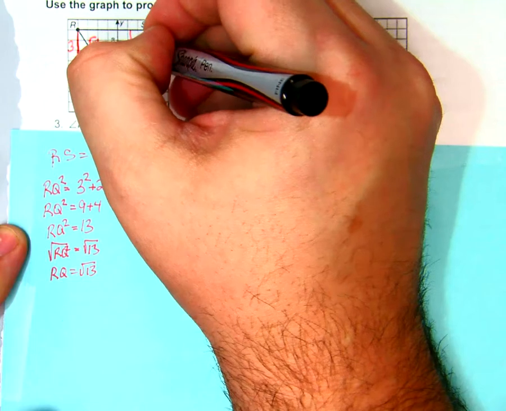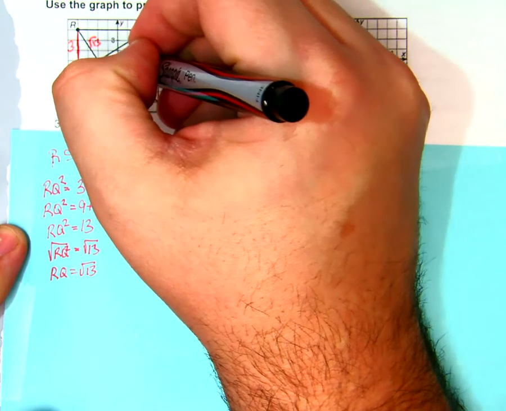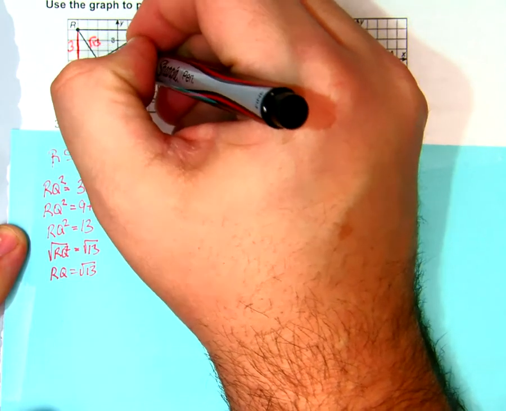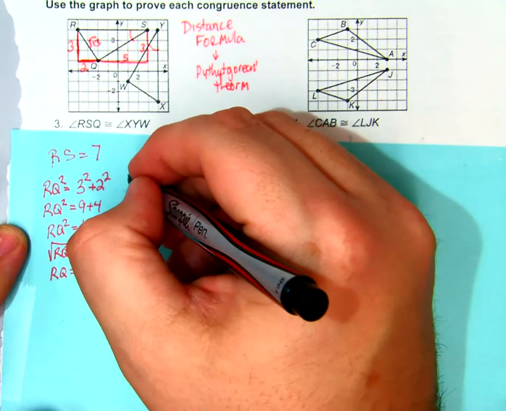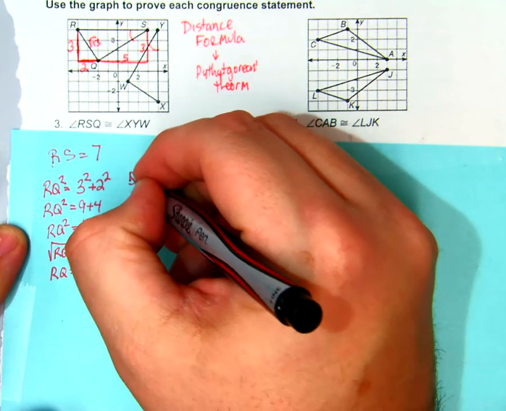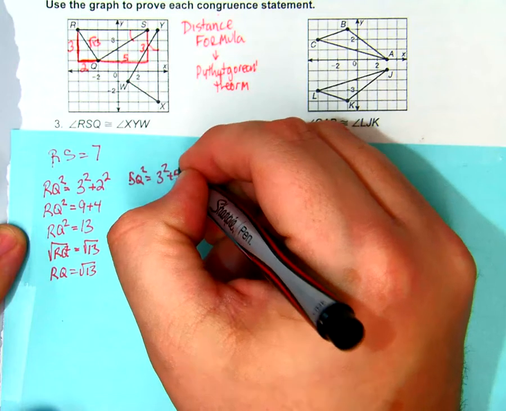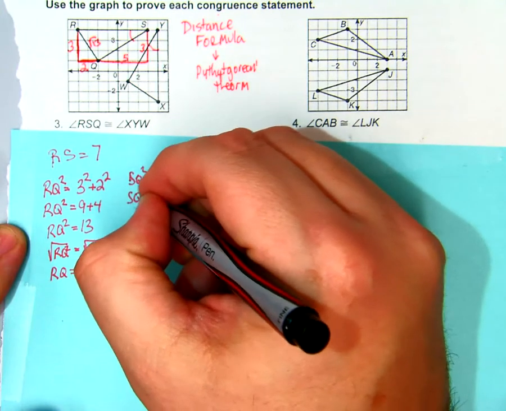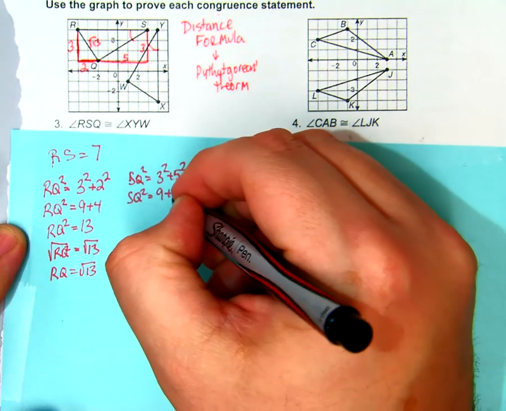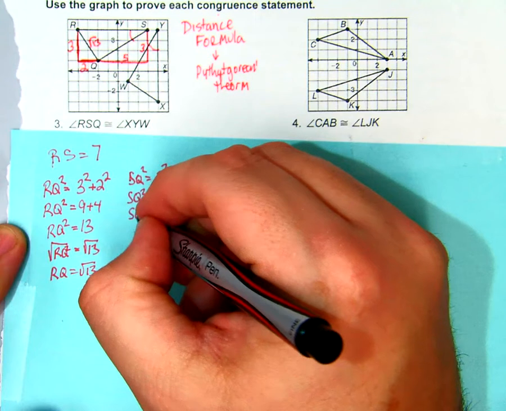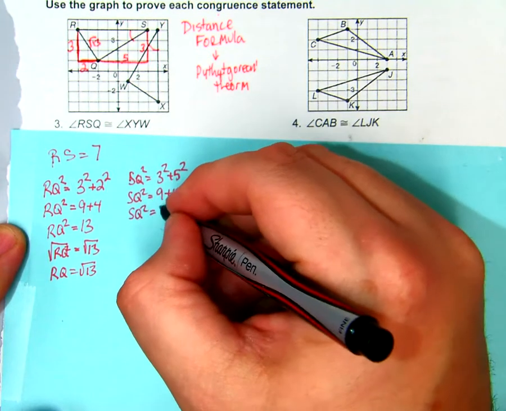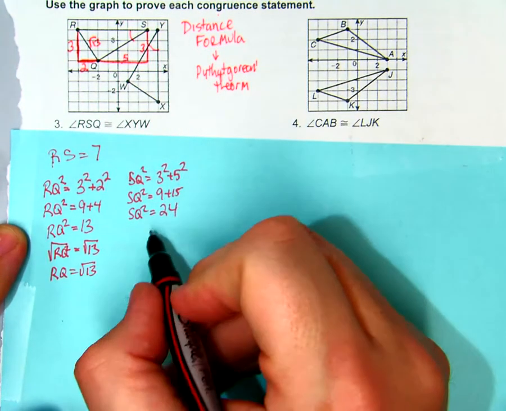It's 1, 2, 3. It's 1, 2, 3, 4, 5. So I have a 3 and a 5. So SQ squared is going to be 3 squared plus 5 squared. SQ squared will be 9 plus 25. SQ squared is going to be equal to 24.